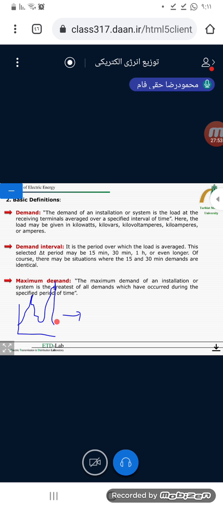You select the demand interval. Demand interval is selected by the regulator or energy ministries in countries. For example, in Iran we have 30 minutes.